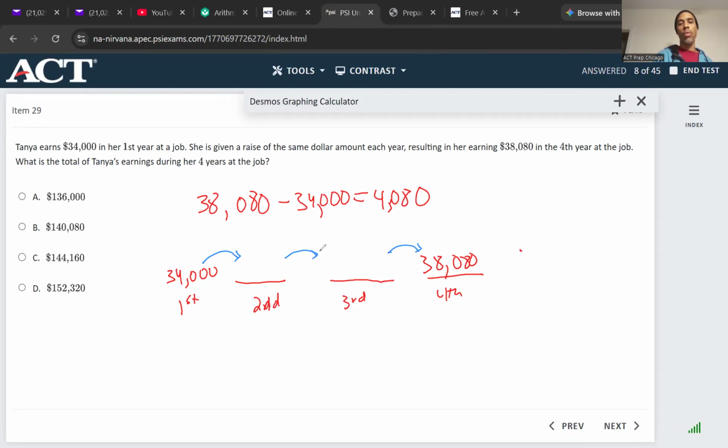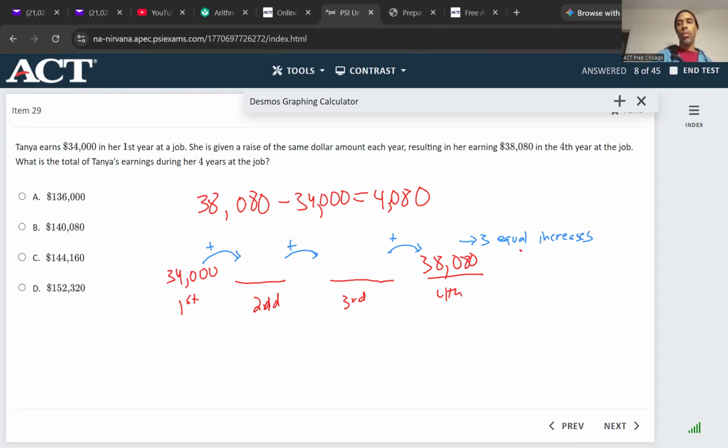So it's only three increases, and the increases are of equal value, right? So we add whatever the value is, whatever the value is. So that's three equal increases. All we're going to do is the total increase was 4,080.